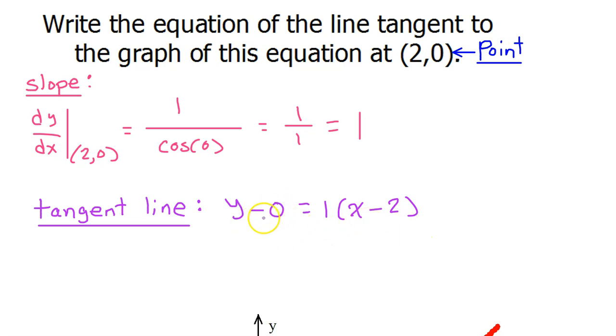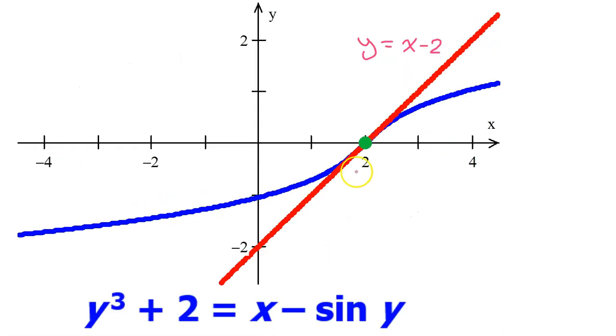I can ignore the 0 here, so I have y equals, and I can ignore the 1, so that's just x minus 2. Here's a graph demonstrating what we just did. This blue curve is the graph of this implicitly written equation, and this is the line tangent to the curve at the point 2, 0, the line y equals x minus 2.